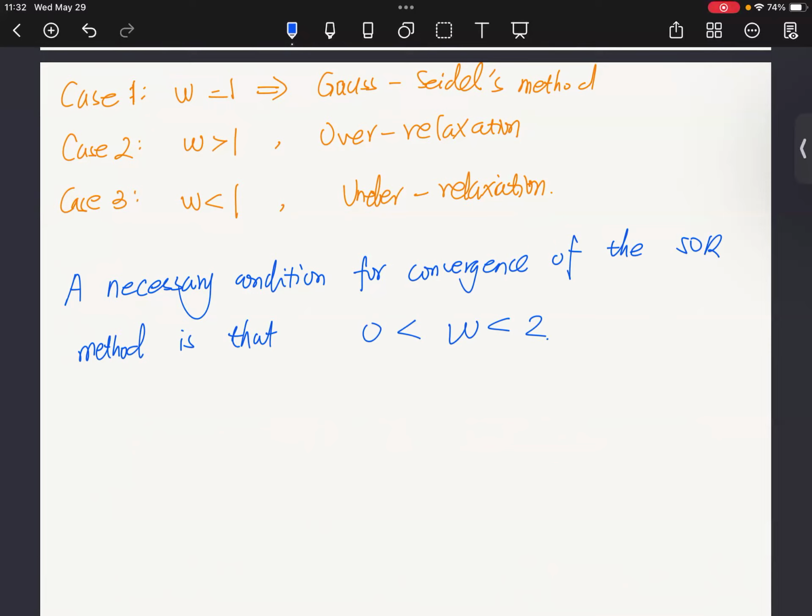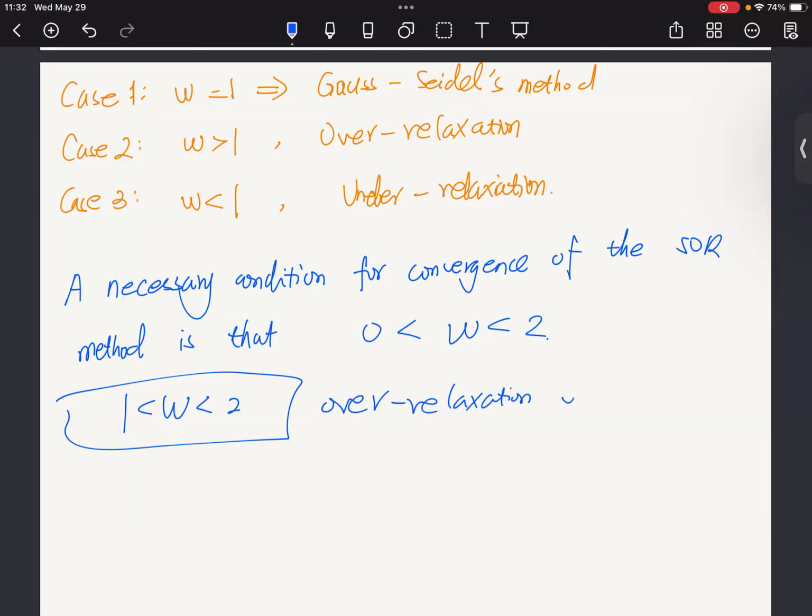And in this class, we have a smaller range. We focus on omega between 1 and 2, which is the over-relaxation method, with the convergence result.